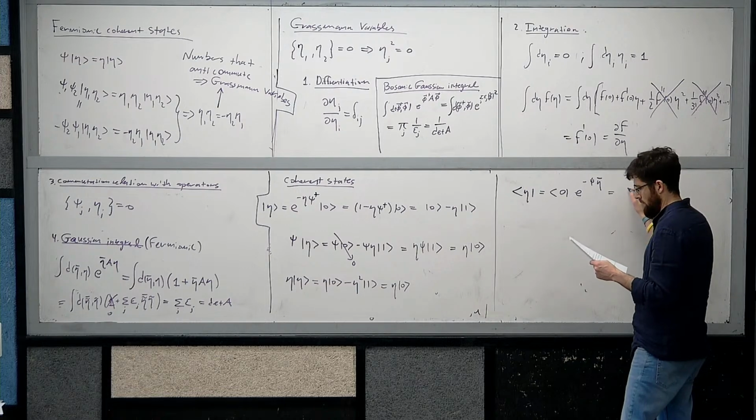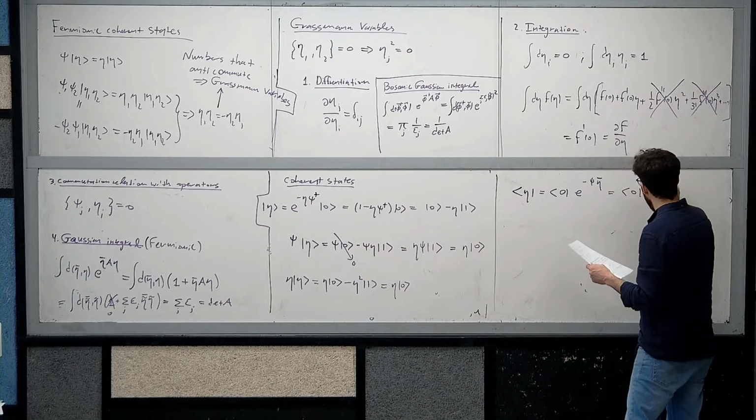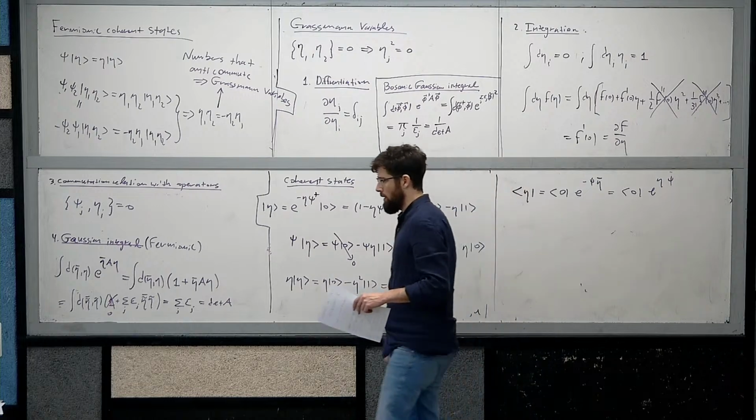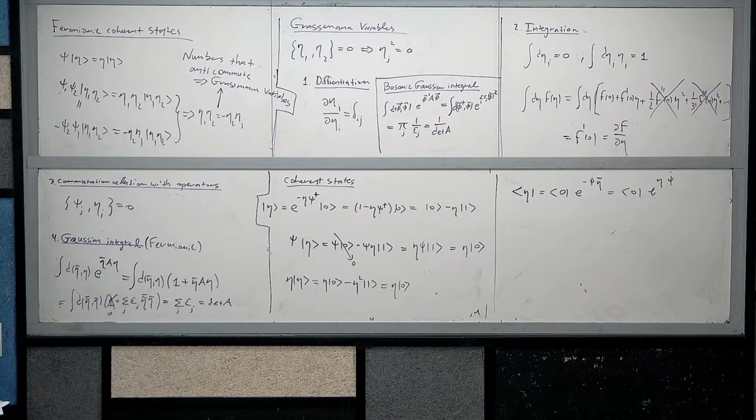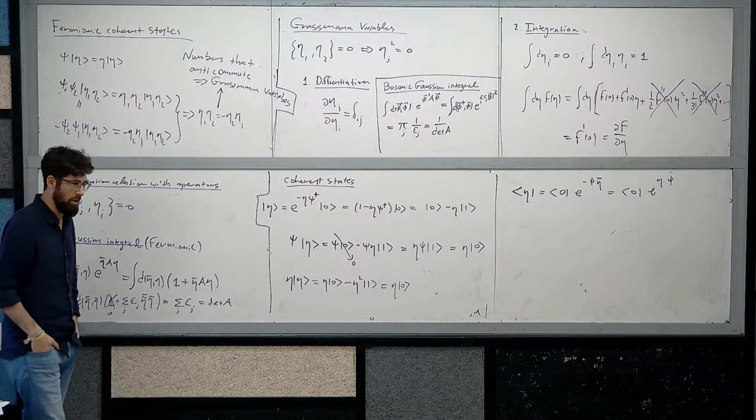I hope I didn't get anything wrong. This is like <0| e to the eta psi. Now, we're going to use all this formalism to derive the path integral for any body state. But before that, let's take a break.